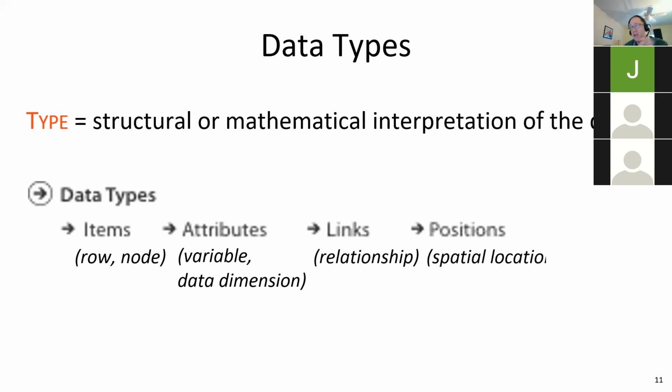Positions would be spatial positions, locations in space, where I have lived. Right? I am the item. I have attributes like the degrees I have, or eye color, let's say. I have links, who I've connected to, positions, where I have lived in space, and grids is something a bit weird.